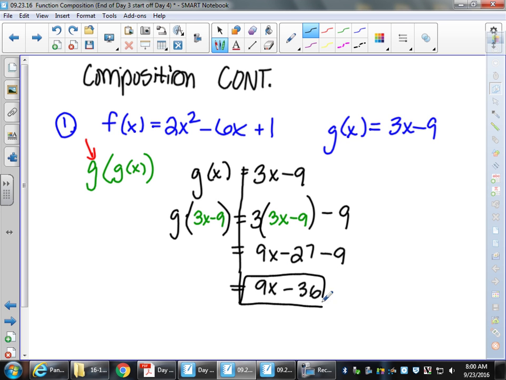Let me know if we match. Yes? So this is not necessarily new, but what is new is g taking function composition of itself. g of g of x is possible.